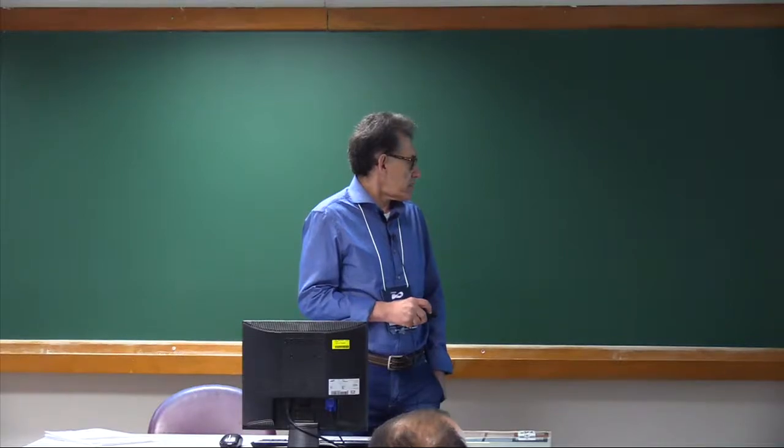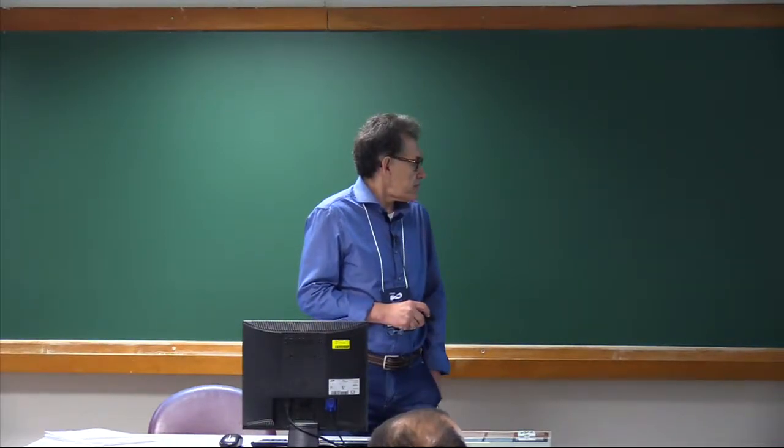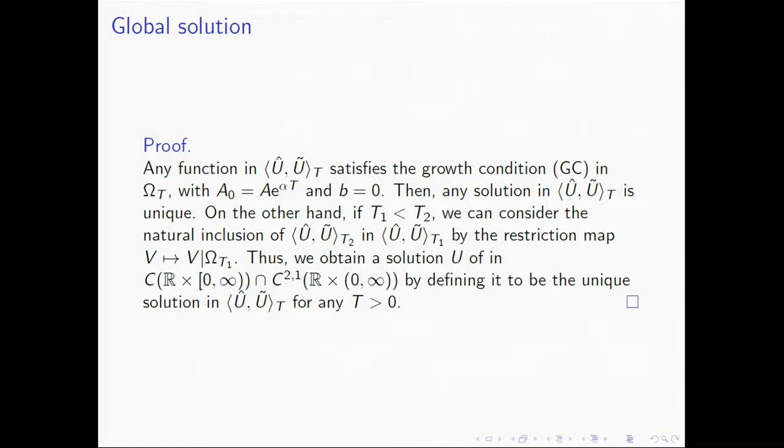Then, by the restriction map, we obtain a solution U by defining the unique sequence solution in this set for each t bigger than 0. So we have a unique natural extension of the local solution to the global solution.